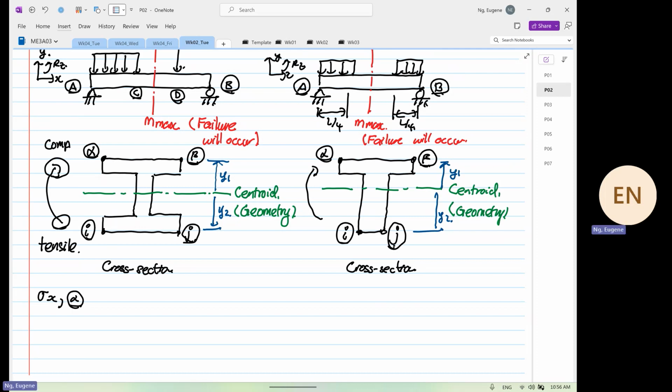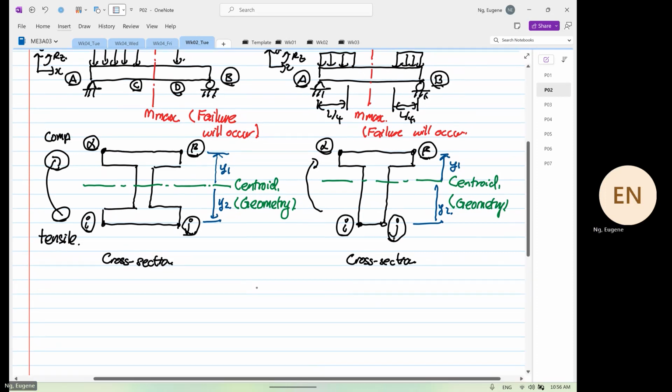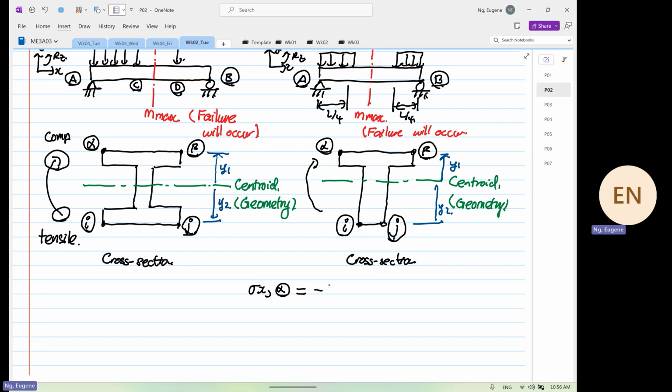So stress X at alpha, I'll write for both, is equal to minus Mz or Mmax over Iz, multiplied by y1.